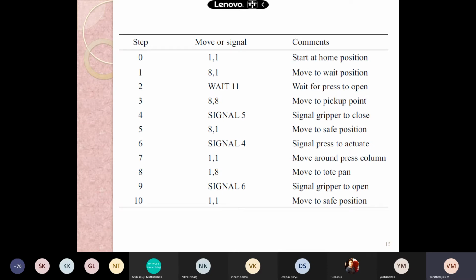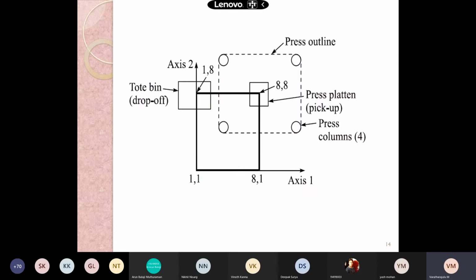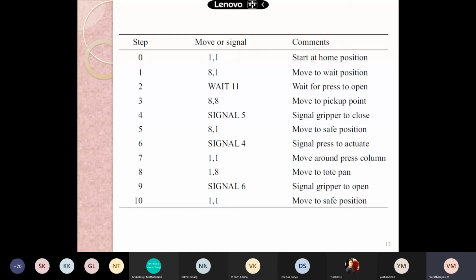And see here: start at home position 1 1, move to wait position 8 1, and wait for the press to open. Then 8 8, move to pick up point. Here we have some debris available at 8 8.